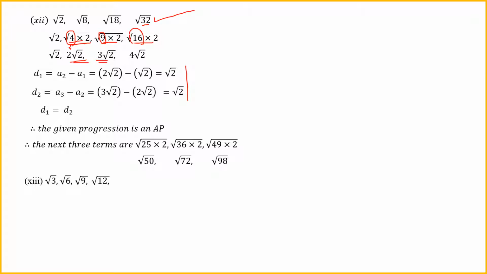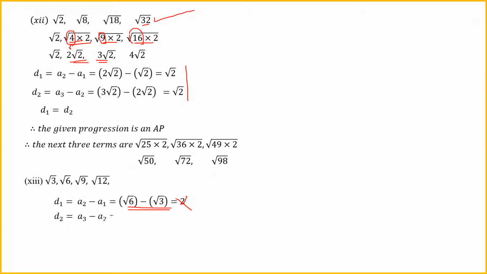Even though the numbers 3, 6, 9, 12 are in arithmetic progression, the whole given progression, that is root 3, root 6, root 9, root 12, is not in arithmetic progression, as we cannot simplify it further as we did in the previous question. Root 6 minus root 3 cannot be subtracted, as we call them unlike surds.